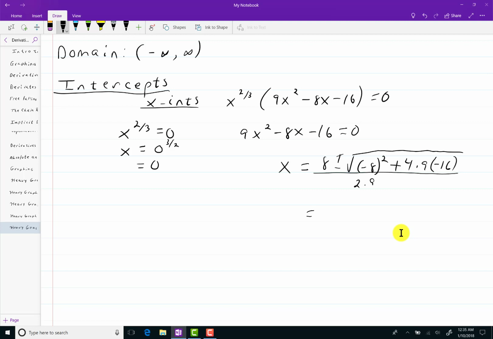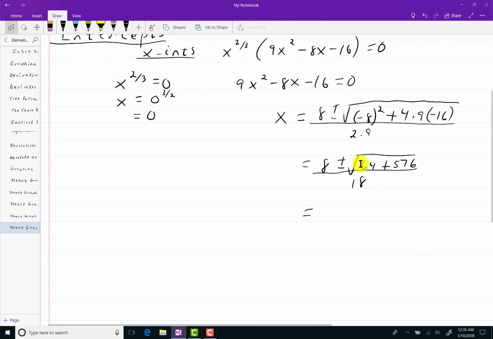That equals 8 plus and minus the square root of 64 plus 576, all over 18. 64 plus 576 is 640.